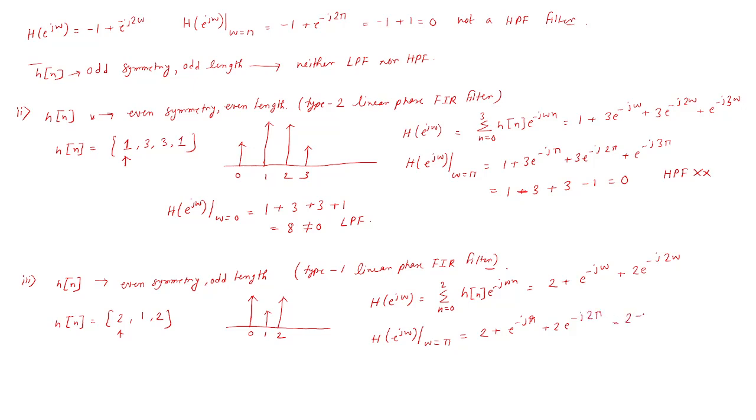So this is 2 minus 1 plus 2, that is 3, not equal to 0. Therefore it's not a low pass or high pass filter in the required sense: its spectrum is not 0 at omega equal to pi. Now we can safely avoid further checks, because it doesn't satisfy the criteria of being neither LPF nor HPF.